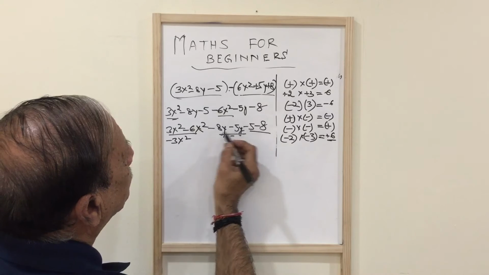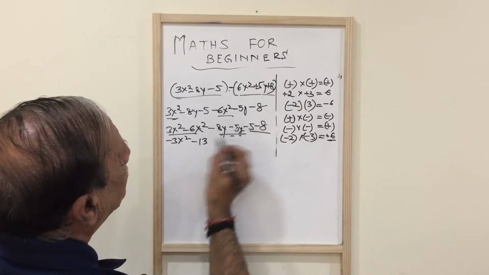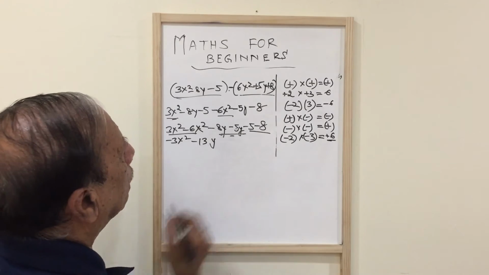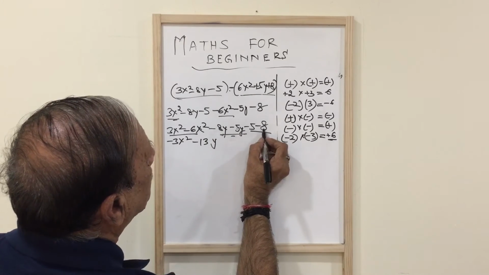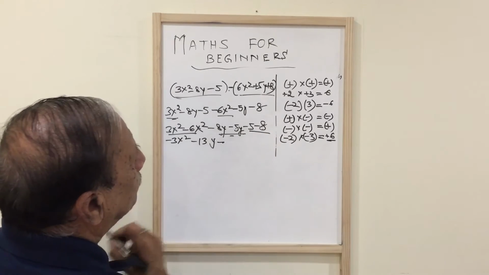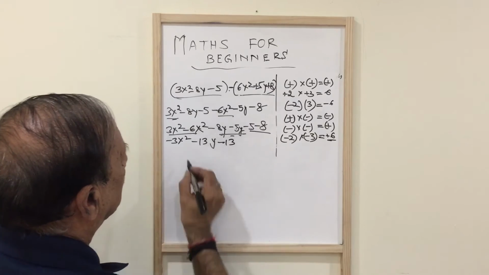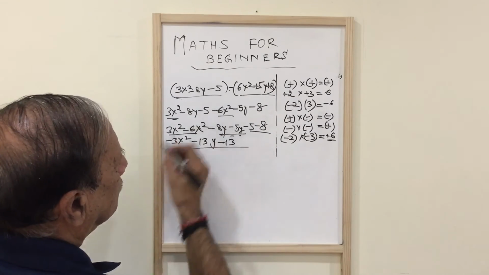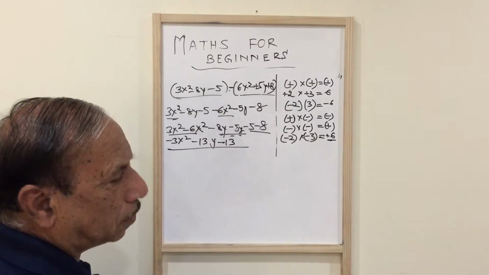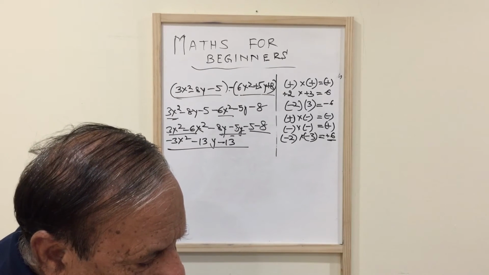Both signs are the same, so while adding 8 plus 5 becomes 13y with a minus sign. And this is 5 and this is 8. Both are minus, so when we add, the minus sign will come. So it will become 8 plus 5, 13. So this is the answer of this equation when we solve it.